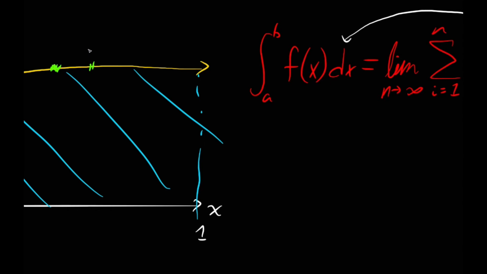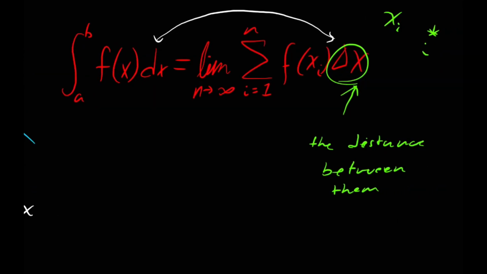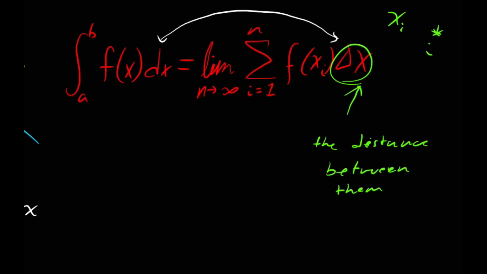So if we pick up a little dx right there, all these values, dx, dx, dx, dx, all of them, are saying the same thing. That is where our notation for dx is coming from.